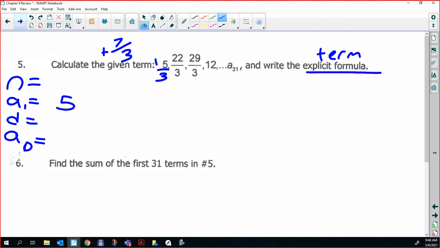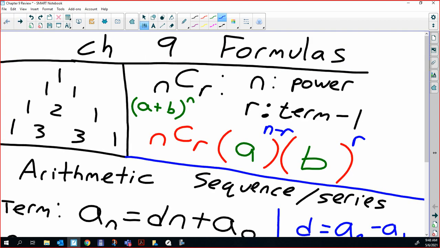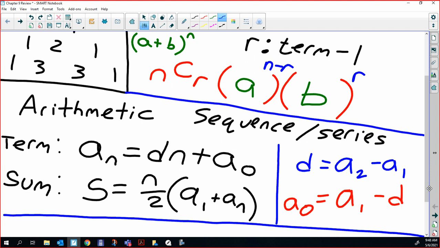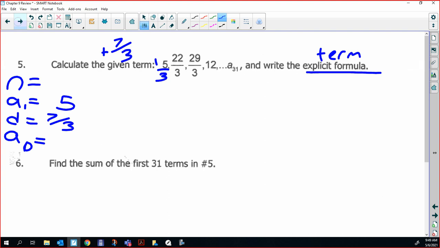D, we already found is 7/3, which means a sub 0, that's a little difficult to just magically come up with, but if you use the formula we wrote down, a sub 0 is a1 minus d. Going backwards from 15/3, subtracting 7/3, you would get 8/3. That is a sub 0.